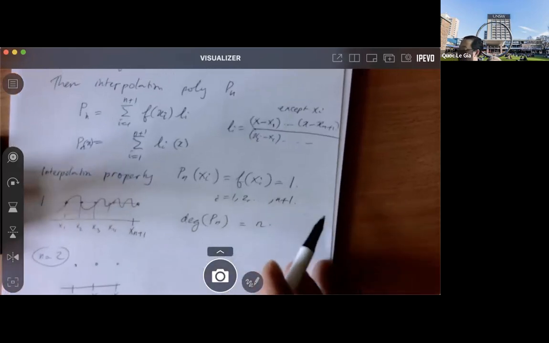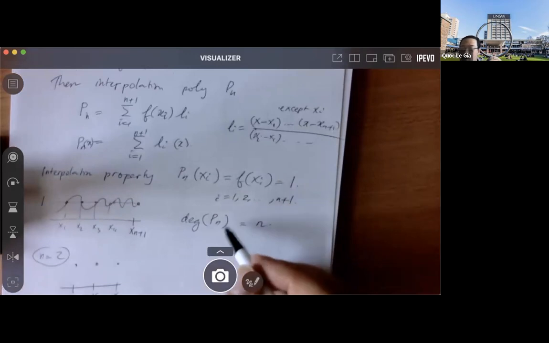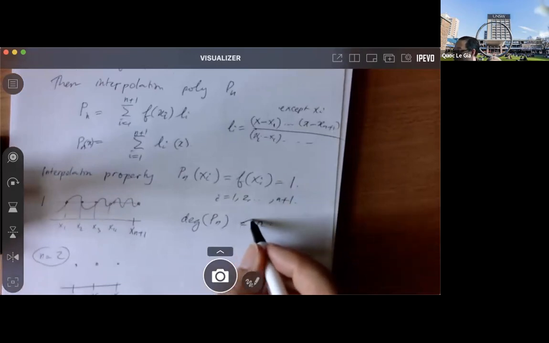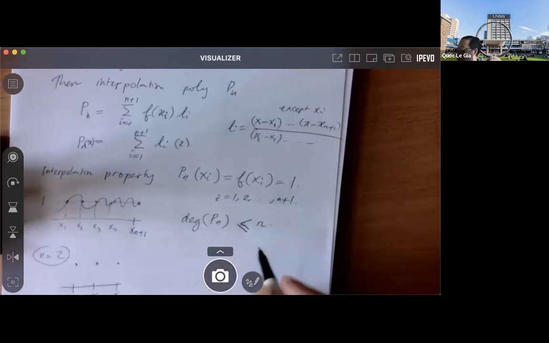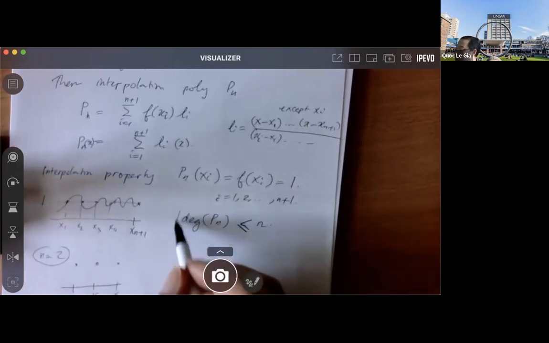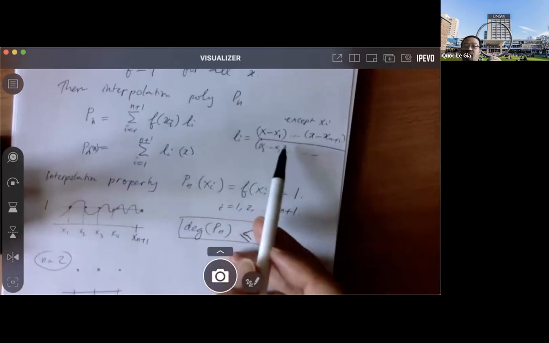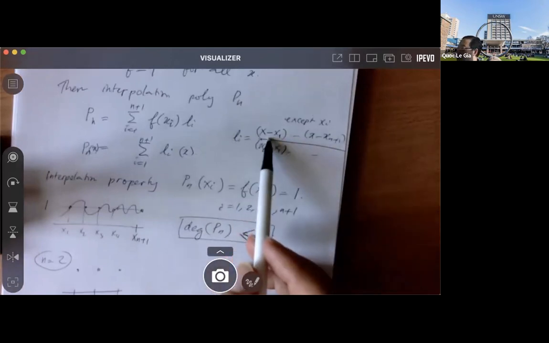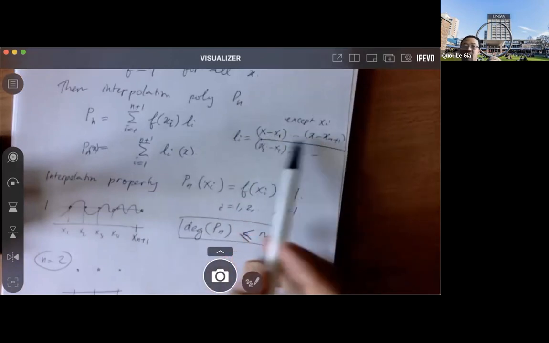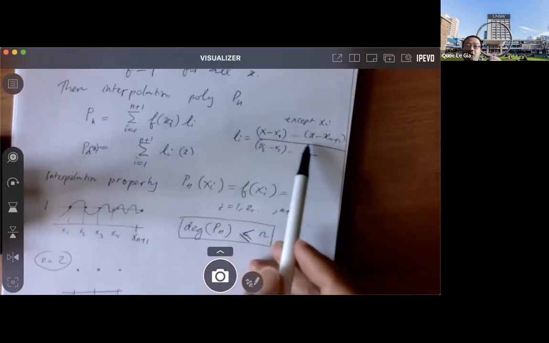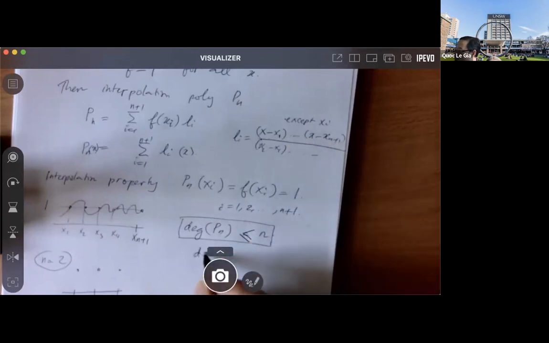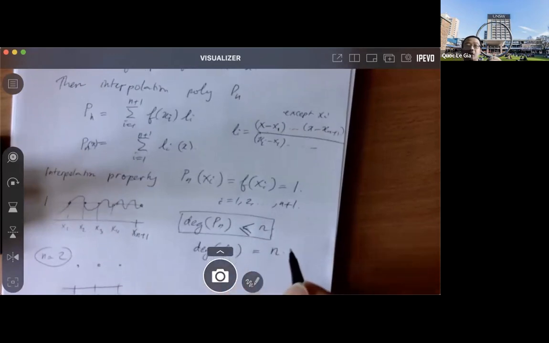Actually, because of this, the correct statement should be that the degree is less than or equal to n, because you might have cancellation, right? But from this formula, the degree of each Li is exactly n, right?